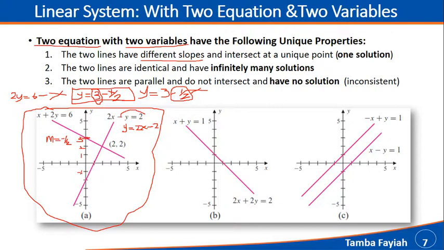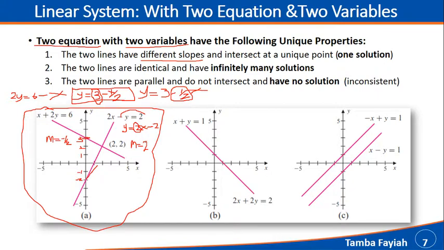This is minus 1, minus 2, and the slope is what? Positive 2. So you can see this equation's m, that is the slope of it, is positive, which is 2. So the line is rising from the left to the right.